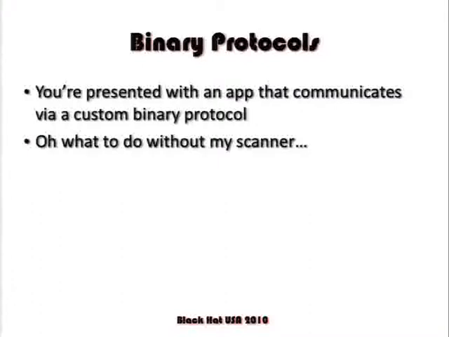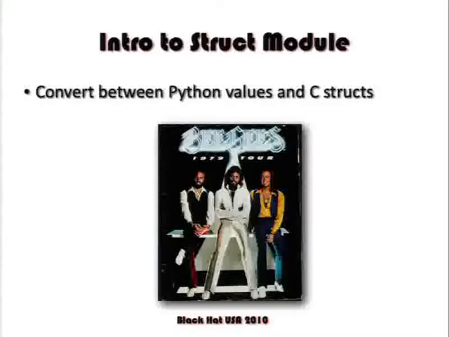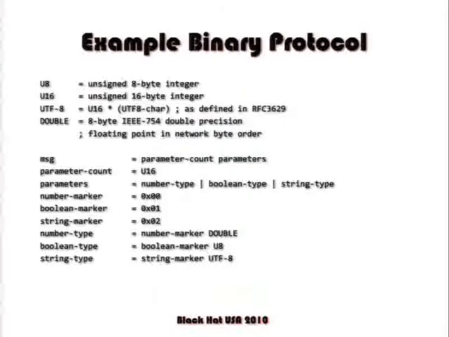So Python has a Struct module which allows us to pack Python values into associated C structures. This is just a simple binary protocol I whipped up as an example. A couple things to note. It's really common among binary protocols to have type markers that indicate the type that follows.